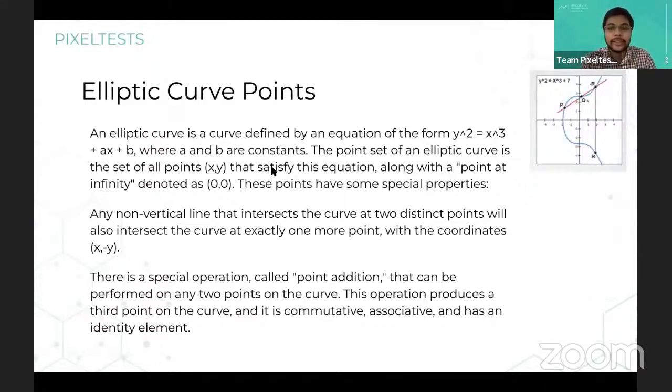Why does that happen? Here we have y square. Let's say there is one particular point x comma y which satisfies this equation. When you want to find y, it equals the square root of whatever is on the right-hand side, so there is a plus and minus to it.